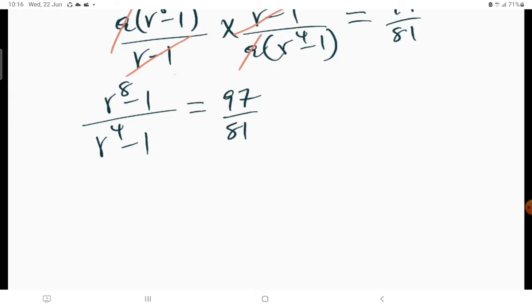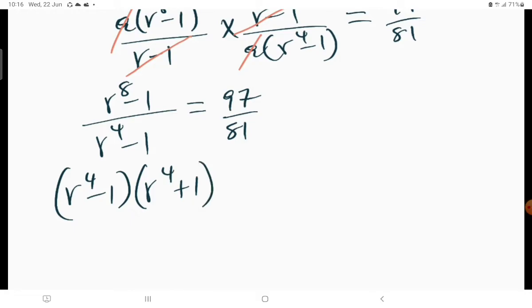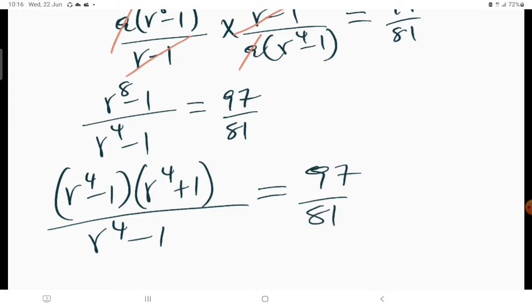Now let's continue by doing that. So how do we factorize this one? You know that this is a difference of two squares. That is going to be r to the power of 4 minus 1, times r to the power of 4 plus 1. After factorizing, you divide by r to the power of 4 minus 1, all equal to 97 over 81.